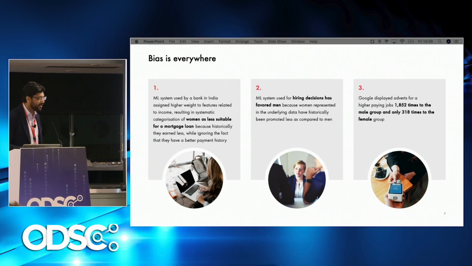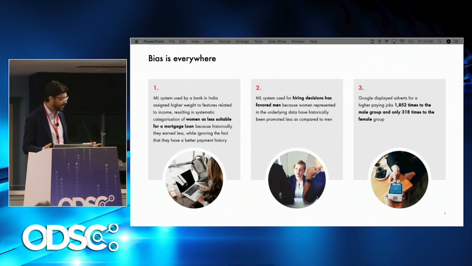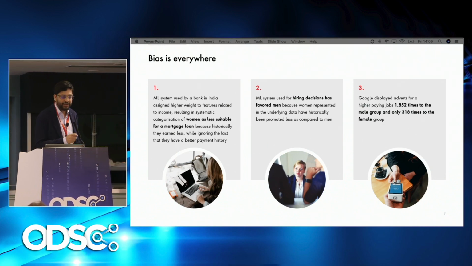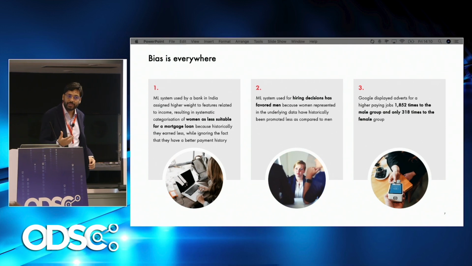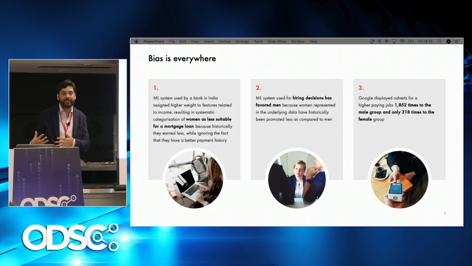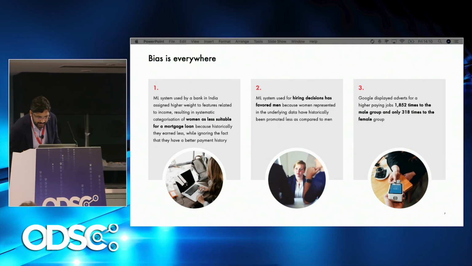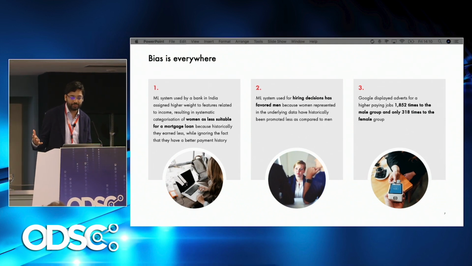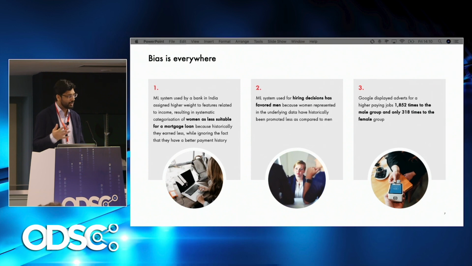Now that resurfaced and Amazon stopped using it. And the third thing is Google ads. Google ads showed high paying jobs more to men than to women. If you see the ratio, it's 1,852 times to the male group compared to 300 times to the female group, assuming that women would not qualify for high paying jobs. That is what Google ads did.